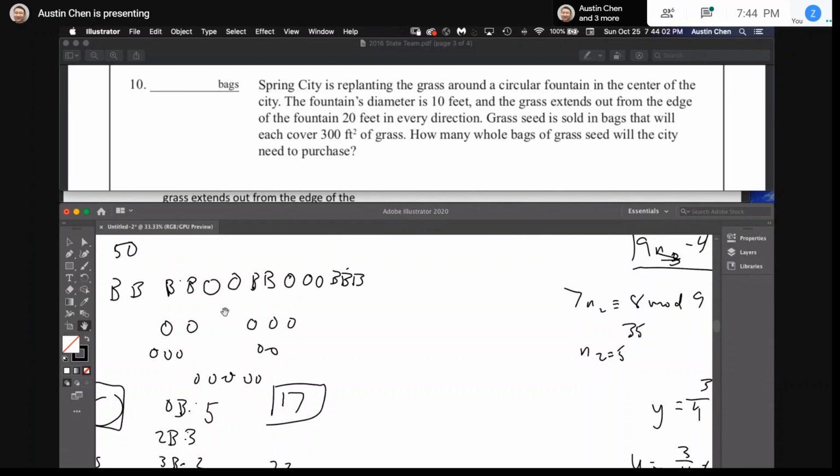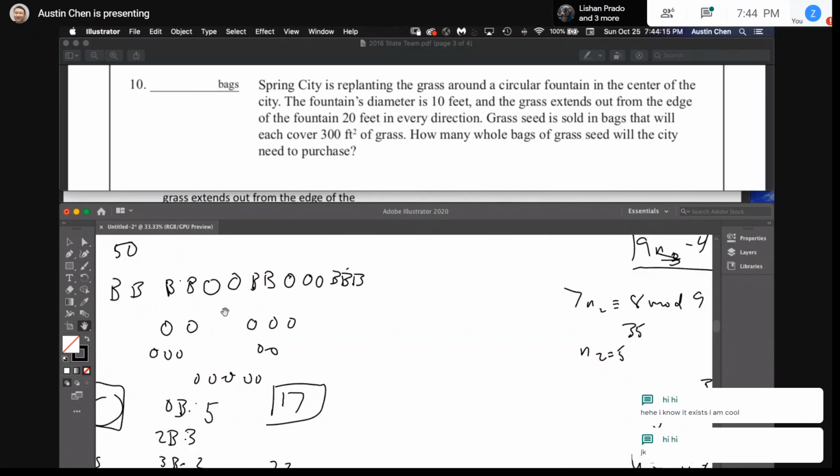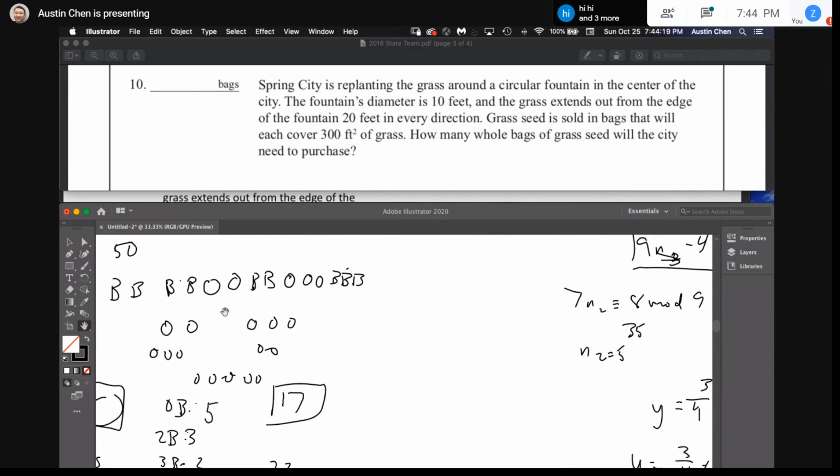No one really told us about MATHCOUNTS or AMC or whatever, and we just found out a bit into freshman year. We actually started MATHCOUNTS at our middle school, so that was kind of our inspiration for doing it, because we didn't have it.